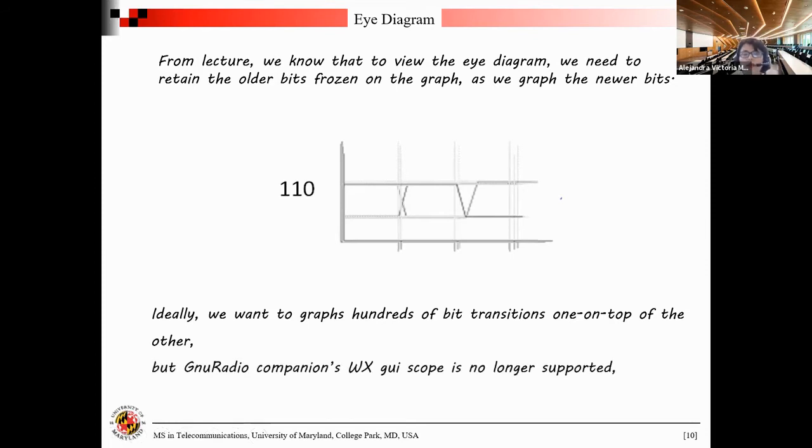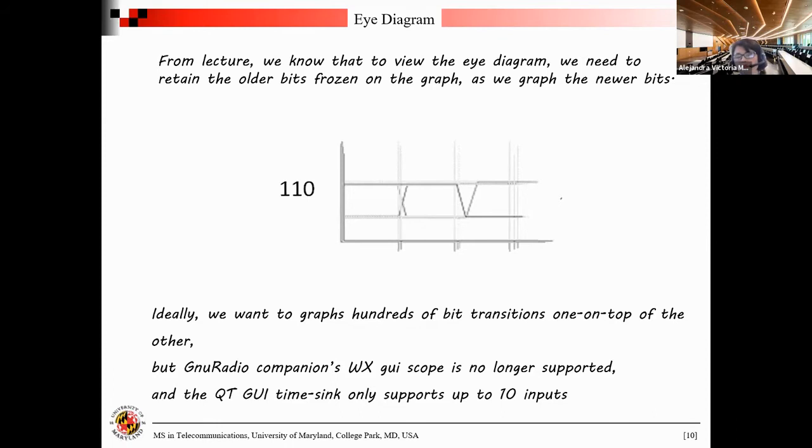Unfortunately, the GNU Radio Companion's WX GUI scope is no longer supported. And that does a wonderful job of just freezing the screen so that you can get many, many transitions and essentially get an eye diagram with a single block without having to implement anything difficult. However, the Qt GUI, which is currently supported, the timesync only supports up to 10 inputs.